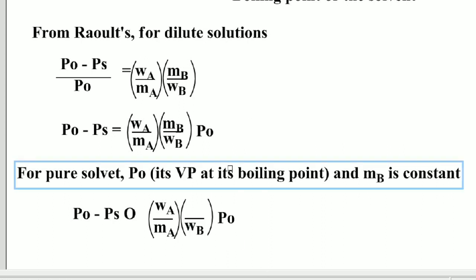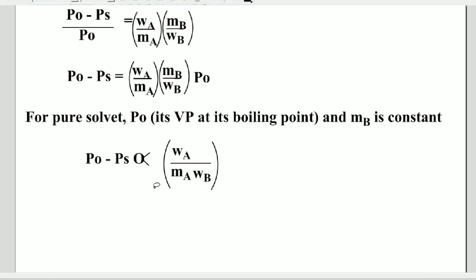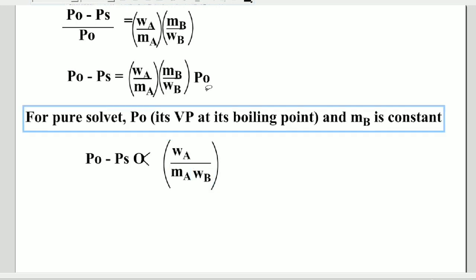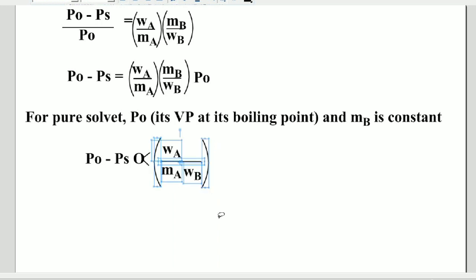Since P naught, the vapor pressure of the solvent, and MB, the molecular mass of the solvent, are constant, P naught minus Ps is proportional to WA by MA into WB.